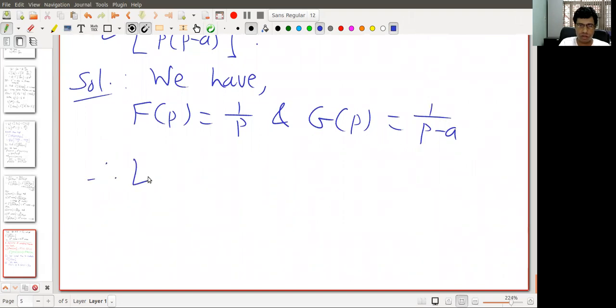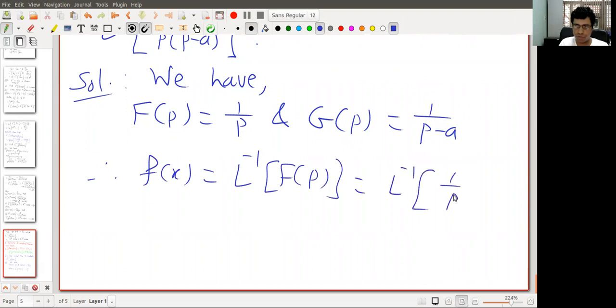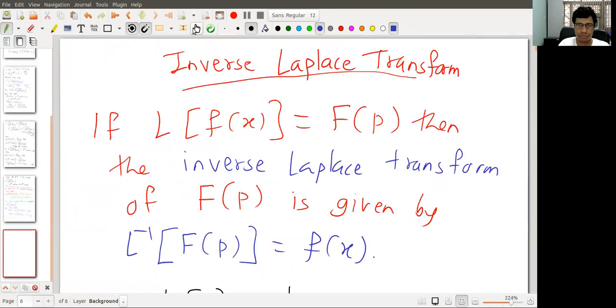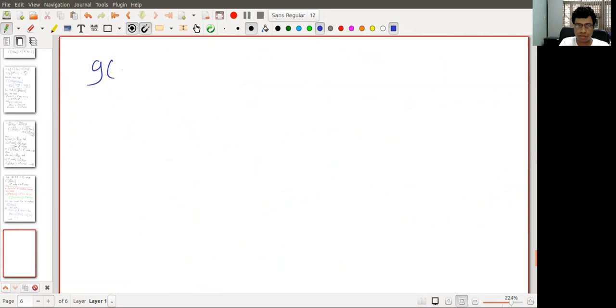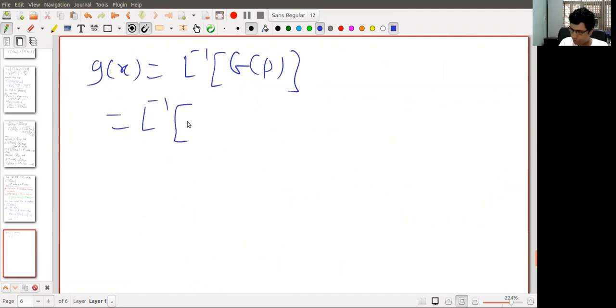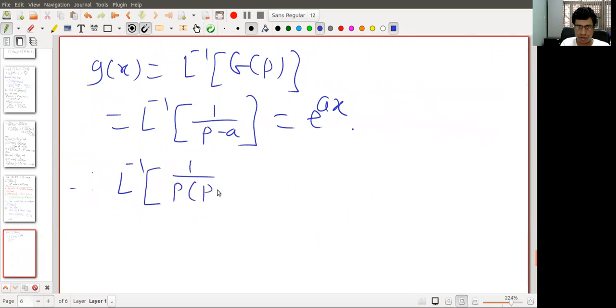Therefore, f of x, which is equal to inverse Laplace transform of F of p, that is L inverse of 1 upon p, that we know, is equal to 1, and g of x, which is inverse Laplace transform of G of p, that is L inverse of 1 upon p minus a, equal to e raised to ax.